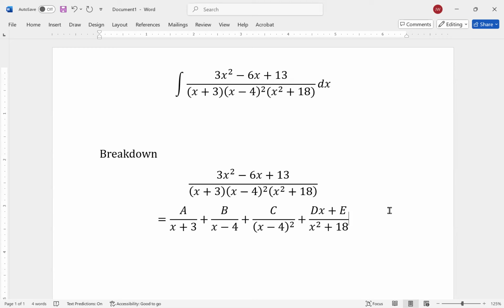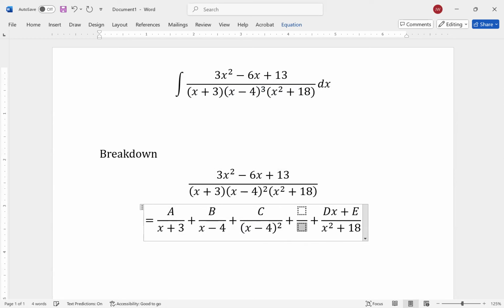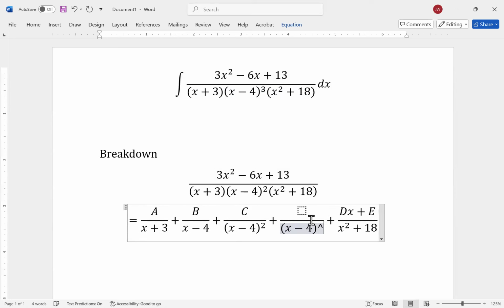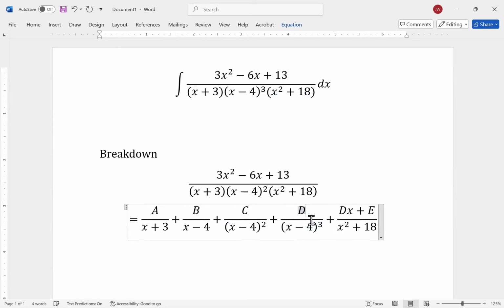So that's the basics of how to set up and use partial fractions here. Again, I know I didn't give any examples, but if you did have an x minus 4 raised to the third, then you would have just added another fraction of x minus 4 to the third power. You'd have put a d over there, and then that coefficient would have become an e, and that coefficient would become an f. And again, it doesn't matter the order you write these in.